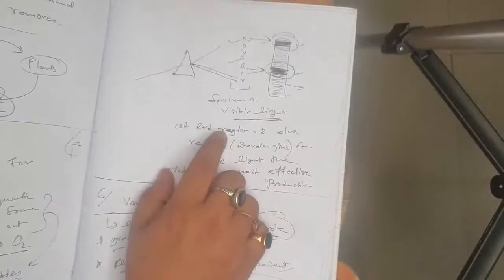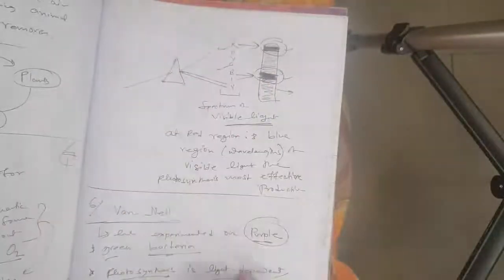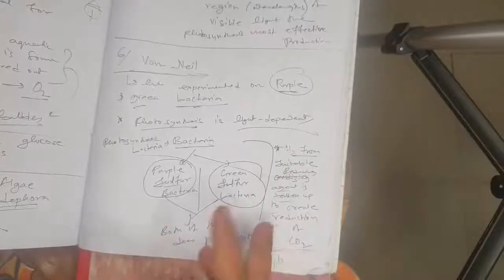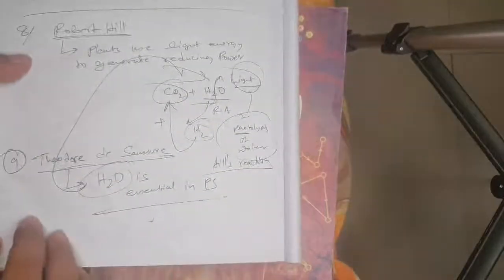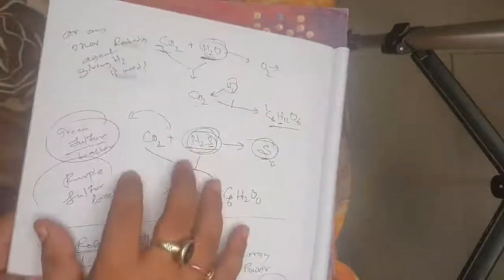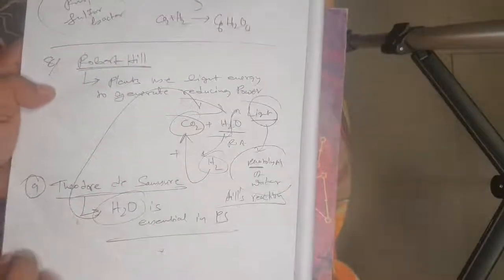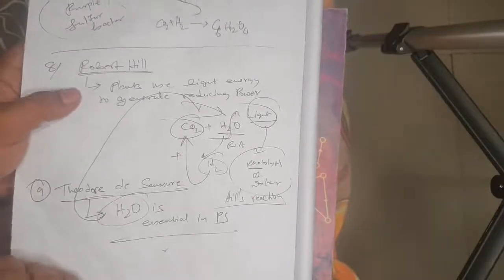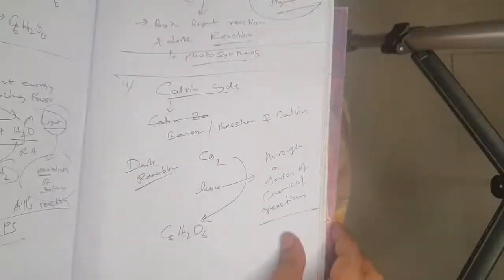This experiment was pretty interesting, which told us which range of light is maximum effective in photosynthesis. Then there was Van Niel, who told us a lot of things about the purple bacteria, sulfur bacteria and the reducing agent and everything. And then there was Hill's reaction. This I used to make you understand Van Niel's experiment. And then there was Robert Hill, breaking down of water, photolysis of water, Theodore de Saussure, and then there was Emerson, and then there was the Calvin cycle.